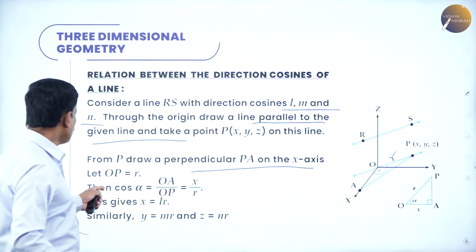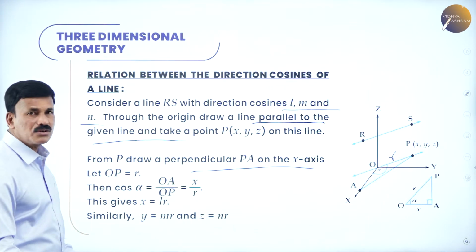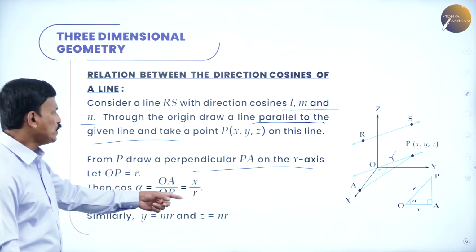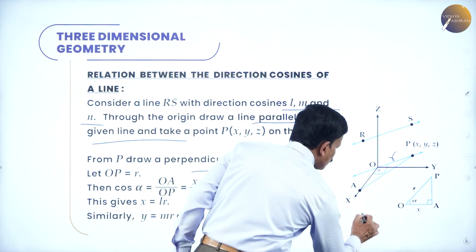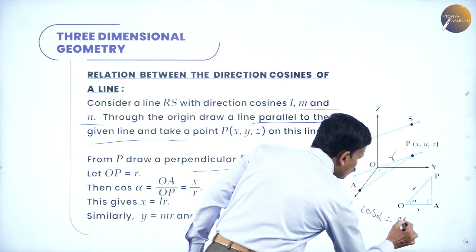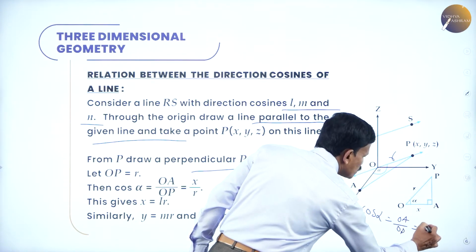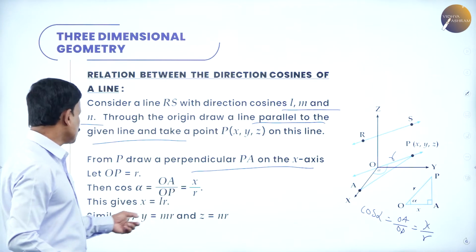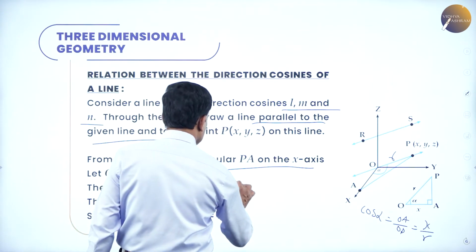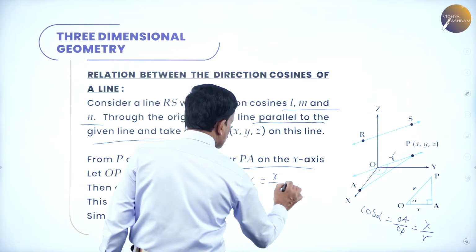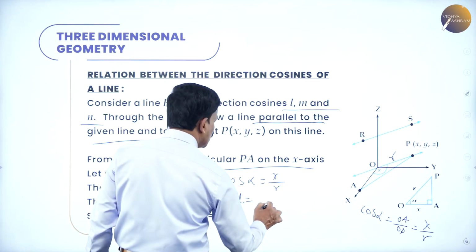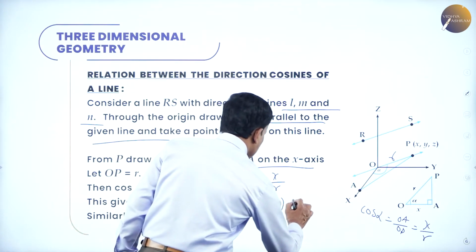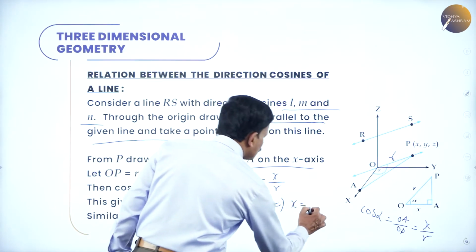Then cos alpha is given by adjacent by hypotenuse, that is OA divided by OP. What is OA? x. So cos alpha is equal to x by r. And cos alpha is l. So l is equal to x by r, which implies x is equal to l into r.